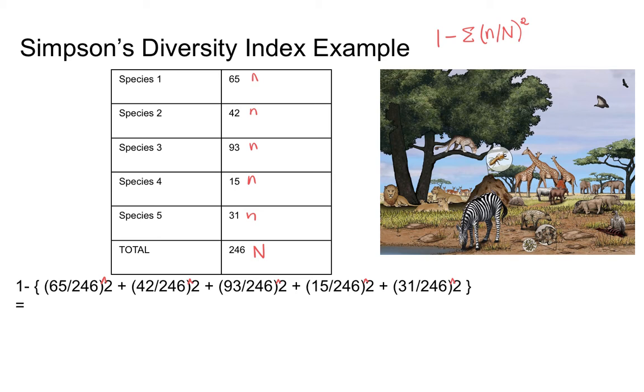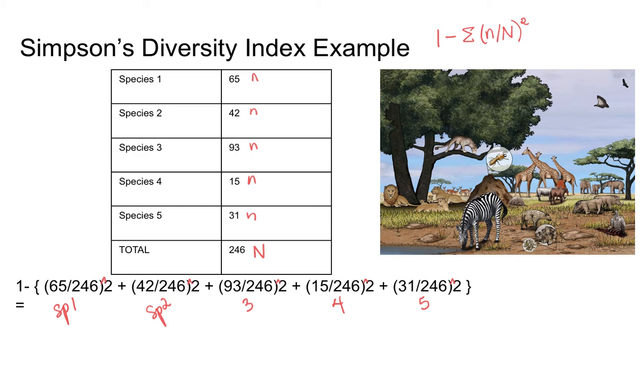So then species by species, you would set up your Simpson's index. So this would be species 1, which is 65 divided by 246, all raised to the power of 2. Species 2 would be 42 divided by 246, all raised to the power of 2. And hopefully by now you're getting the concept. So this would be species 3, here is 4, and here is 5.